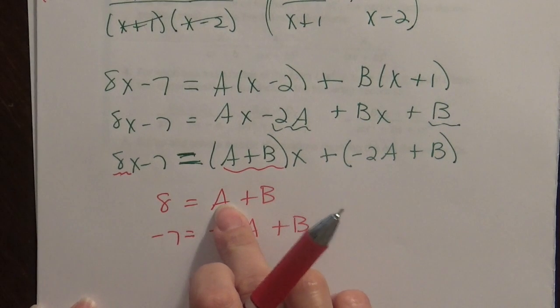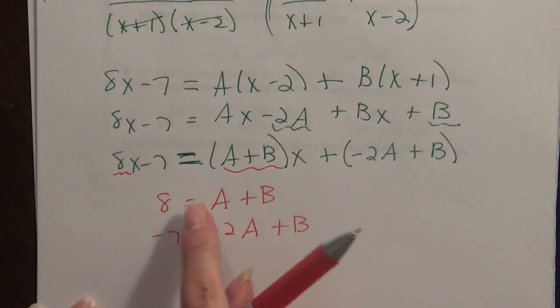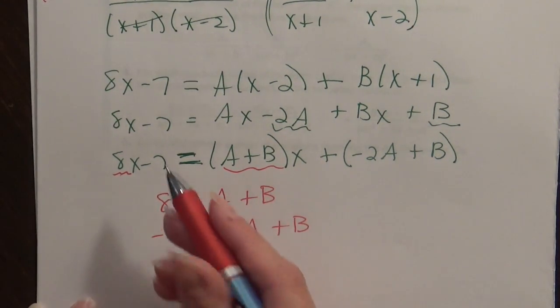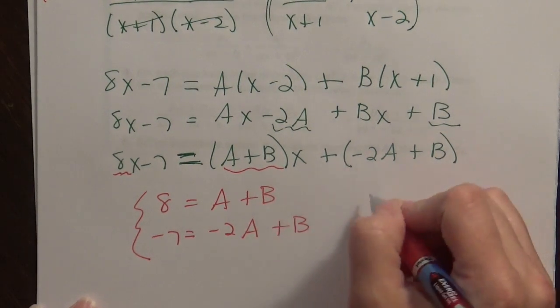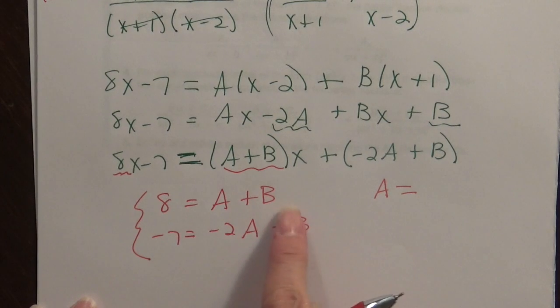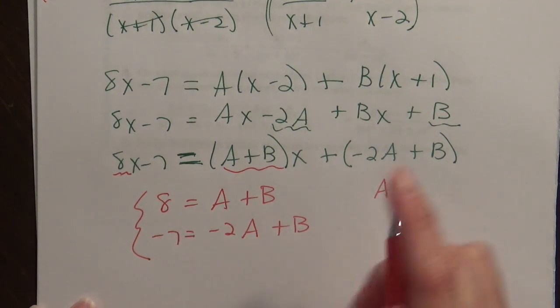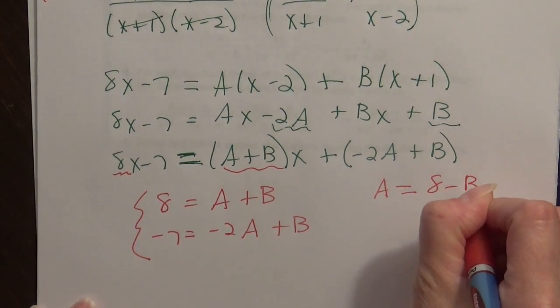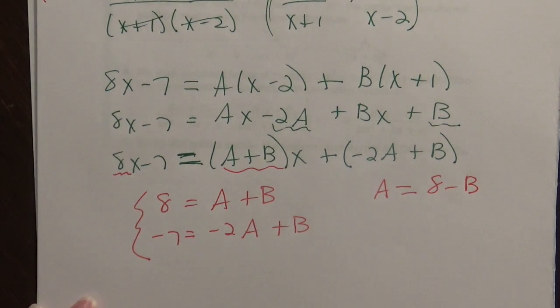Let's solve it for a. So I can subtract b on both sides. If 8 is equal to a plus b, then a is equal to 8 minus b. And then I can use substitution, put the 8 minus b in place of the a in the second equation. So this is just a substitution method.